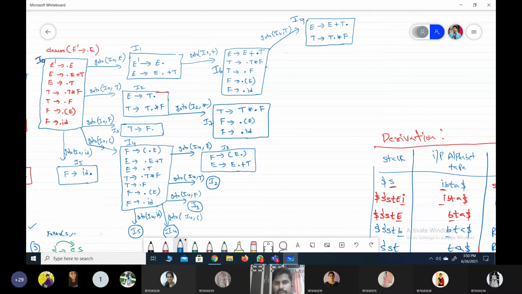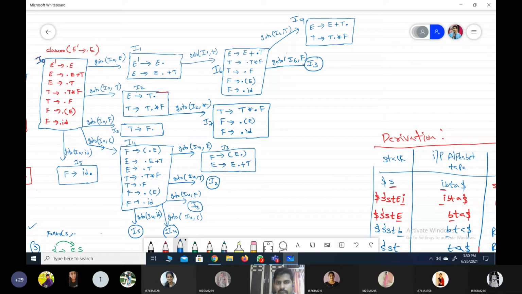Okay. So after the T is over, then cross check which alphabet. Go to off I6, which alphabet has to be verified? F. If F is applied, which state are we moving to? I3 state.